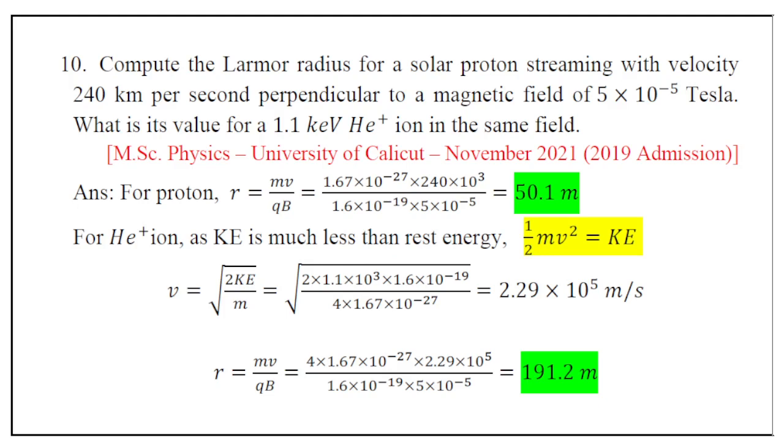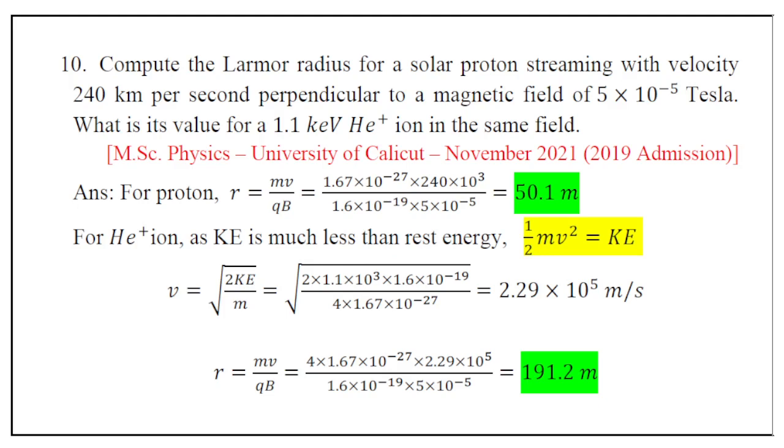Therefore v is equal to root of 2 KE by m, that is root of 2 into kinetic energy, 1.1 kilo electron volt, so 1.1 × 10^3 electron volt. Then it will be converted into joule: 1.1 × 10^3 × 1.6 × 10^-19 divided by mass of the helium ion. Helium ion contains 2 protons and 2 neutrons in the nucleus, so mass will be 4 × 1.67 × 10^-27.